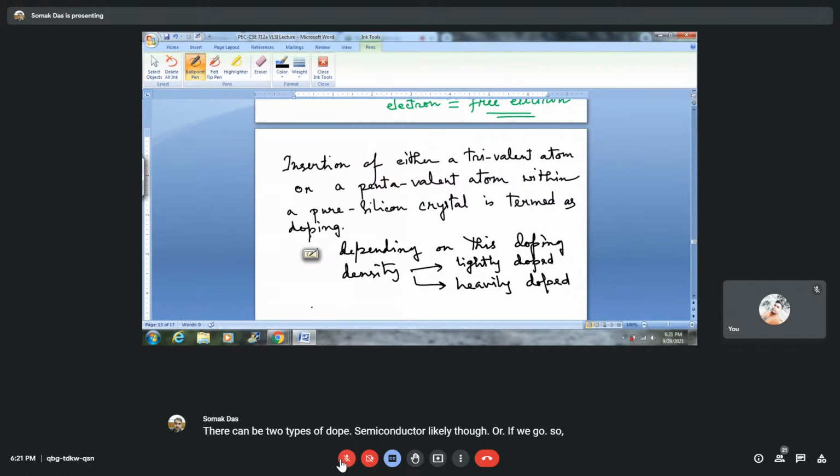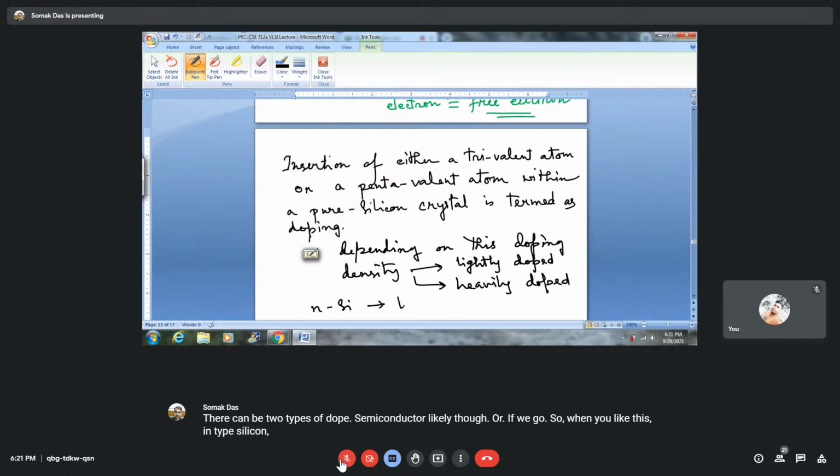So when you use this N-type silicon, this is an example of lightly doped silicon.